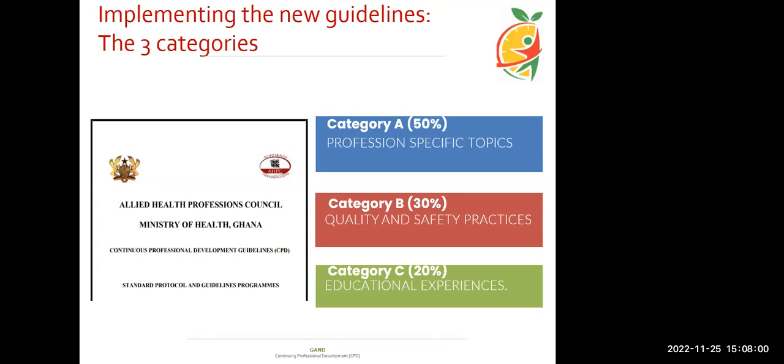But at least half of your requirements, which is 10 points, must be profession-specific topics. So you cannot go and do like in the past, and I've already highlighted that challenge. You cannot go and pick a training from audiology and then present it as a profession-specific topic, unless you can demonstrate that that audiology course is related to your current practice, and therefore it is relevant to ensuring that you are providing better care to your clients.